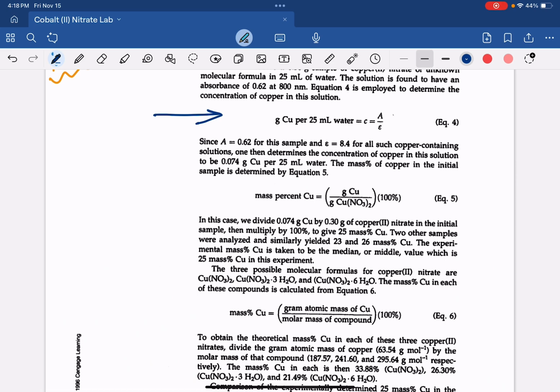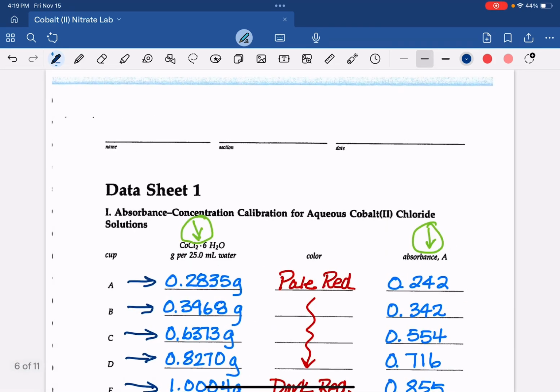Okay, so our goal is to find epsilon, which we did from the slope, okay? And you're going to plug that in to allow you to figure out your grams of copper. And then from that, you can figure out the mass percent. Okay, so essentially what I'm going to show you how to do is to utilize equations 5 and 6 to fill in those columns which you need.